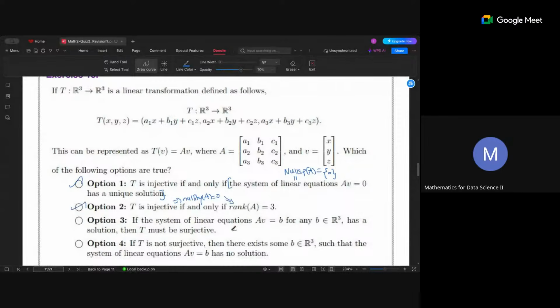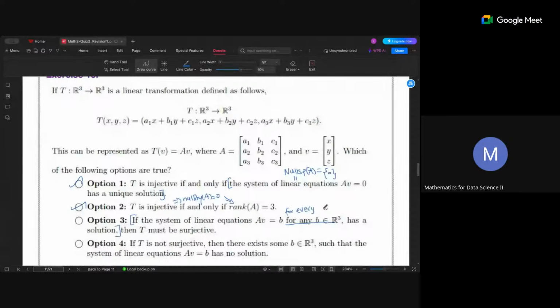And if the system of linear equations AV equal to B, for any B in R3, has a solution, what does this mean? It means every element of the codomain has a pre-image.